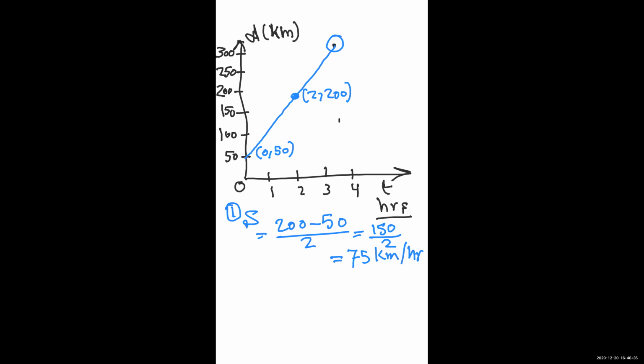So distance will equal, again, mx. So m is the slope, 75x. Now x is the time, right? Then plus c. Where is c? The intersection. It's this one. So it's 50. So the equation is 75t plus 50.